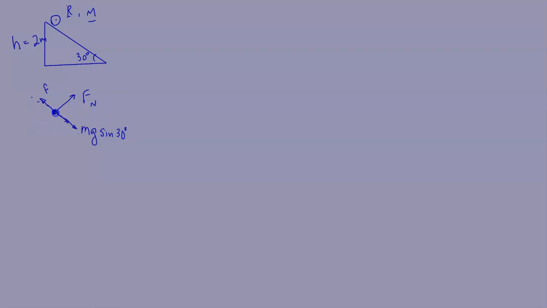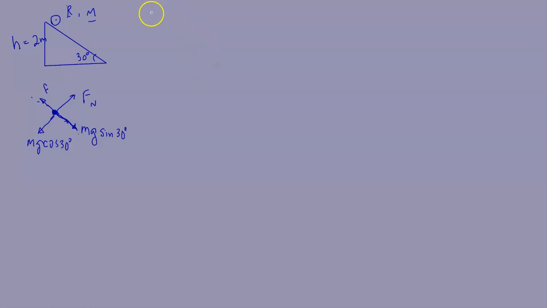And we know this component right here is equal to mg cosine of 30 degrees. So we look at this force diagram, we can see that this force that is going down the incline right there is bigger than the force of friction.